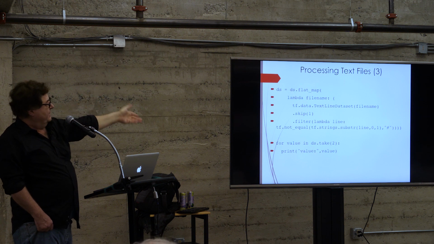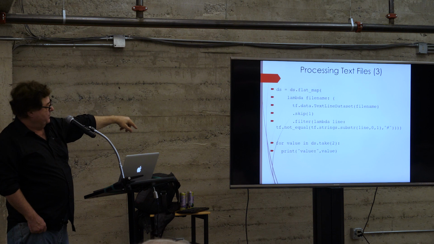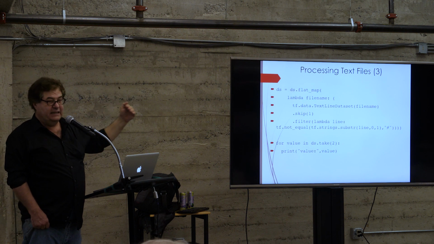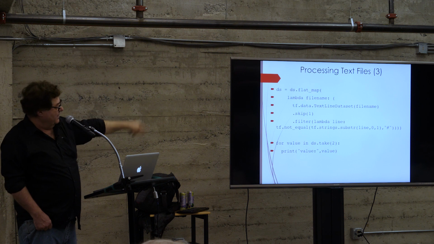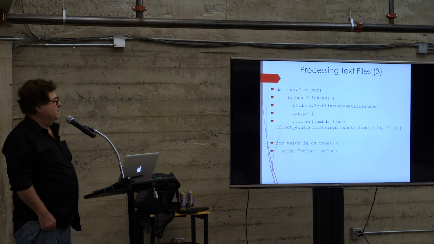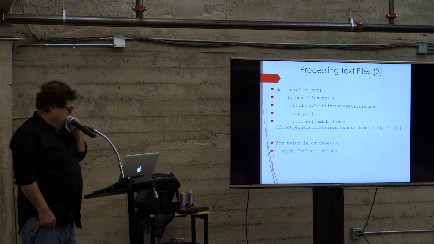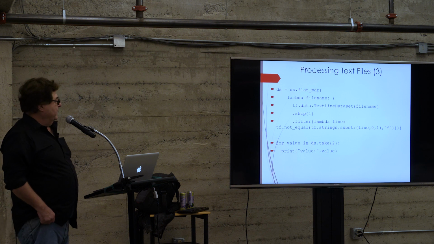And then, we're doing method chaining. Now it does a filter where it's going to be passing in a line at a time. Each of those lines, what does it do? tf.not_equal, this is a little tedious. What do you think that does? Strips out the comments. It doesn't strip it out. It does a comparison.